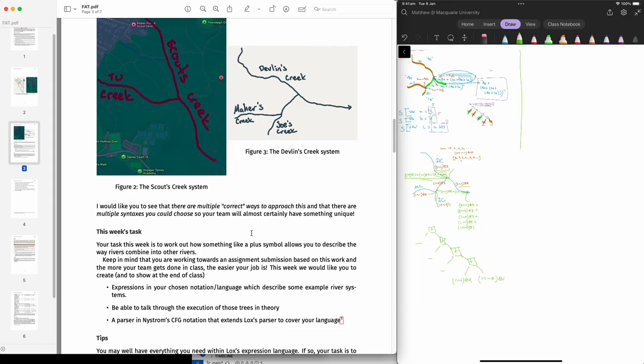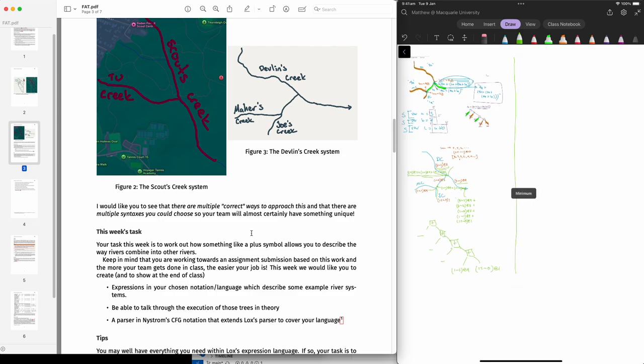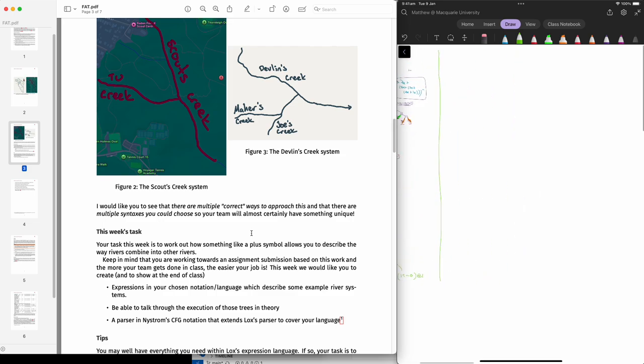So plus is the obvious thing for rivers combining. But this fact that they combine, and then there's also maybe another section of river after that, means that plus doesn't quite capture everything we're trying to say. I'll draw that again. Devon's Creek.